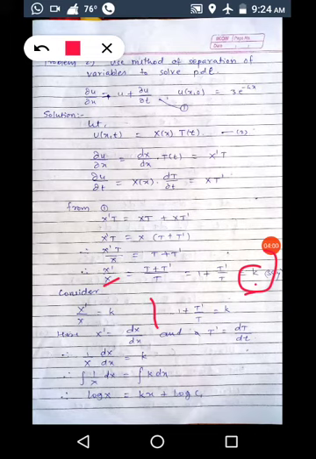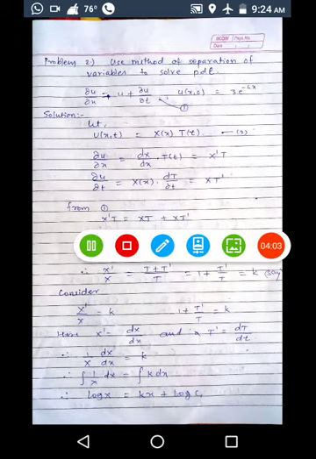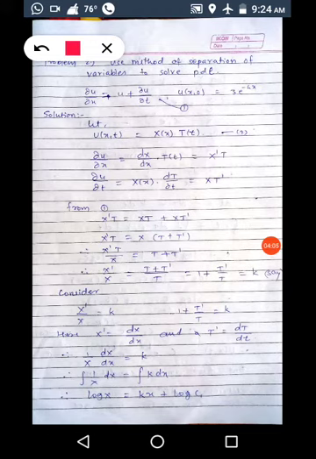Here X dash is nothing but dX/dx, and T dash is equal to dT/dt. Therefore we have (1/X) dX/dx = k. After integrating, we get the integral of 1/X dx equal to the integral of k dx. After solving the integration, we have log X = kx + log c1, where log c1 is the integrating constant.